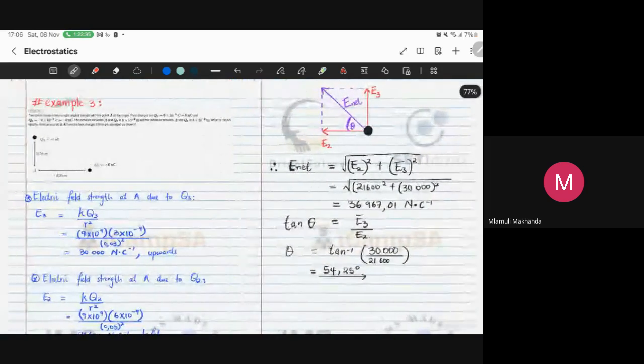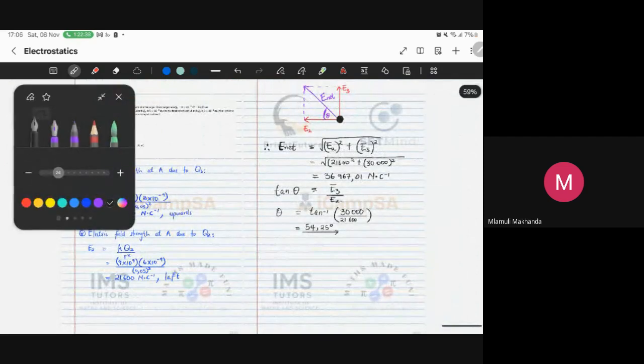So I want you to note something. Since the resultant net electric field is a 2D vector, we use an angle to specify its direction.